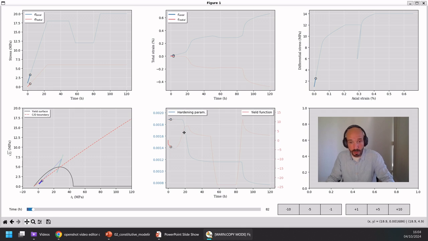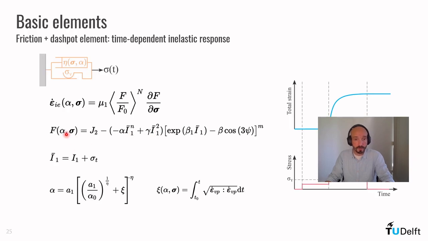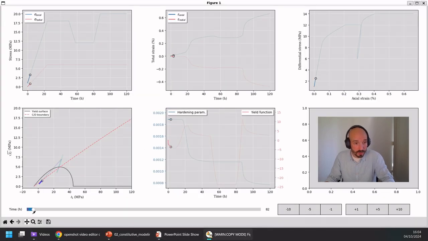And the blue curve here shows the hardening parameter, which is alpha. And we can see that when we start to increase the stress, let me go little by little. You see, when I increase the stress, we approach the yield surface.